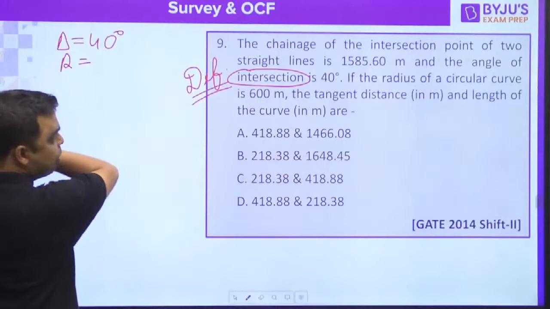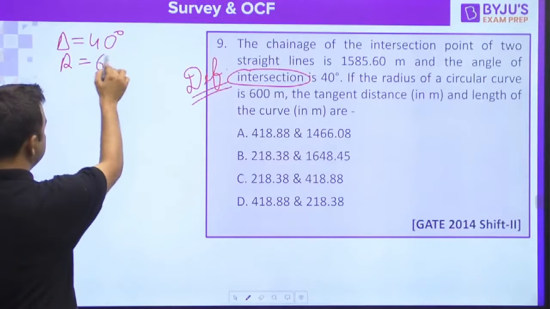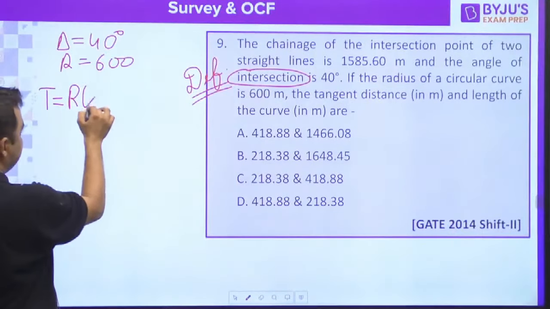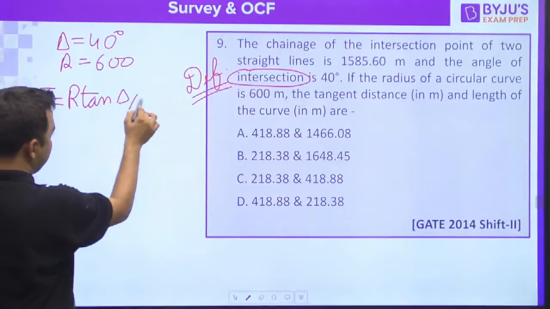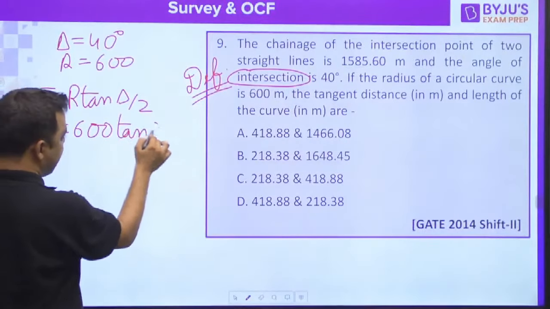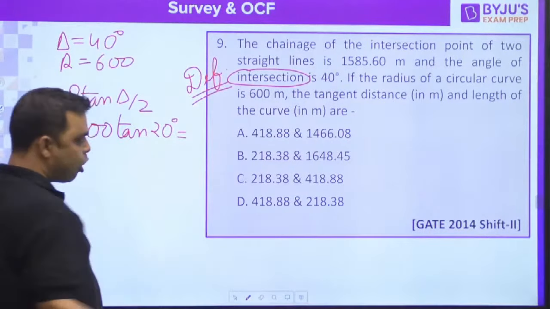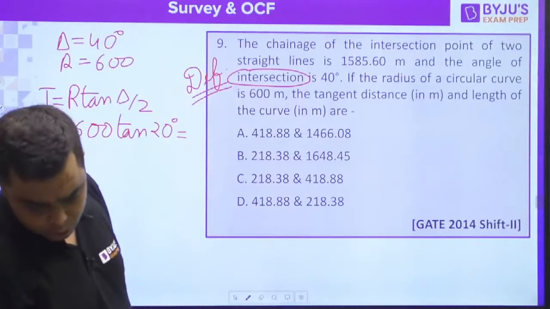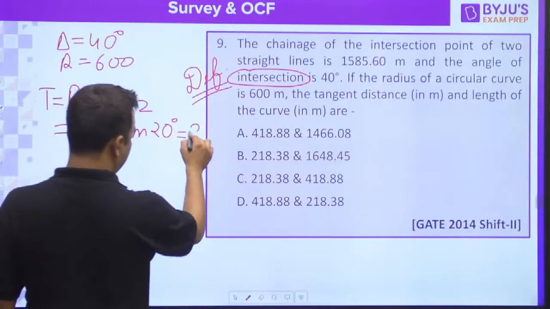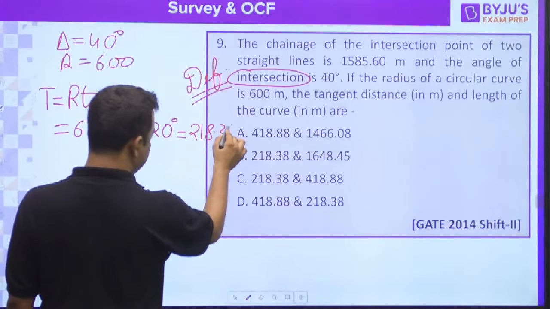R is given as 600 meters. T is being asked. T equals R tan delta by 2. So 600 tan 20. That value will be 218.38.